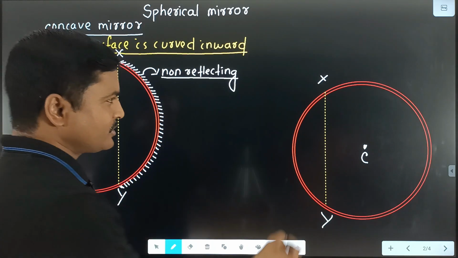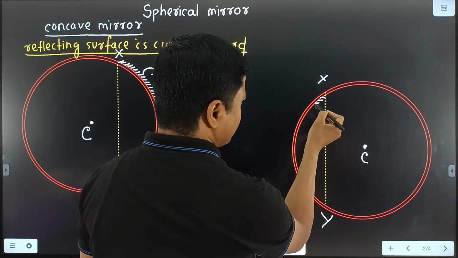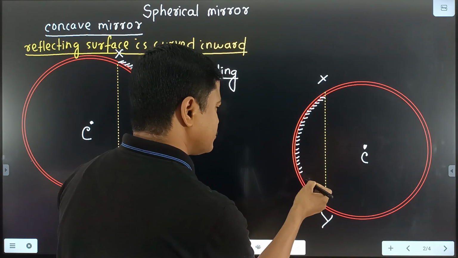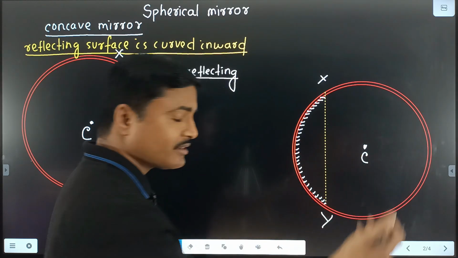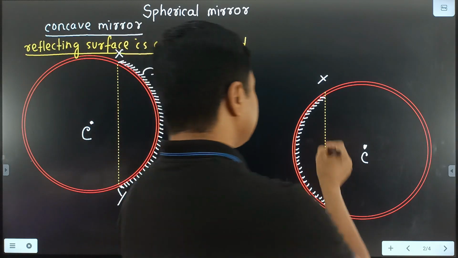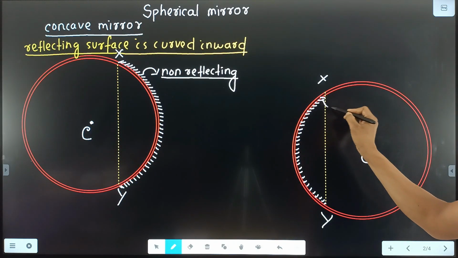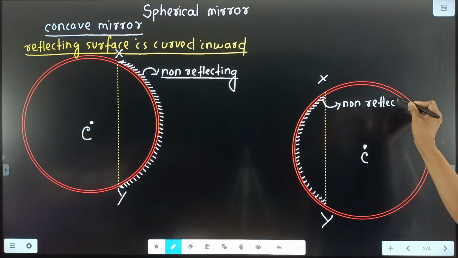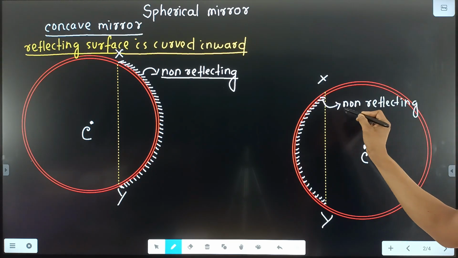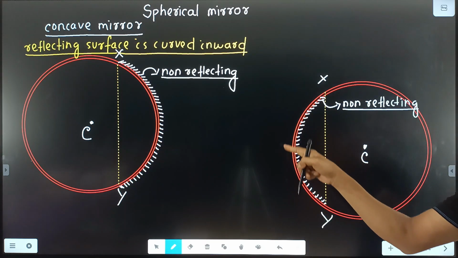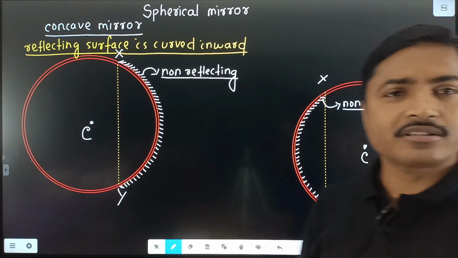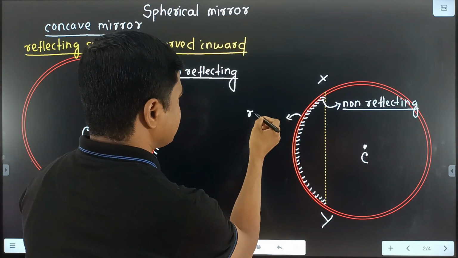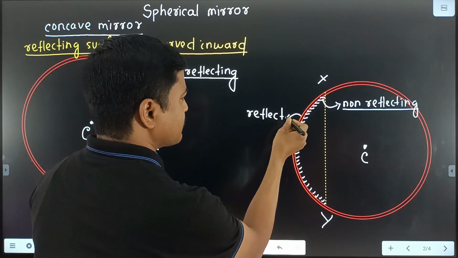And in this case, suppose the inner surface of the hollow sphere is coated with silver. If the inner surface is coated with silver, then what happens? Here this inner surface is the non-reflecting surface, and this is the outer surface, and the outer surface is the reflecting surface.